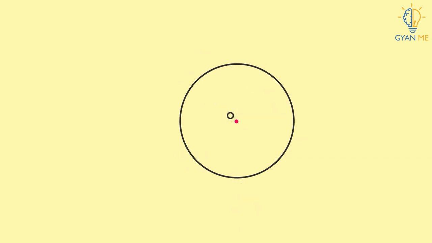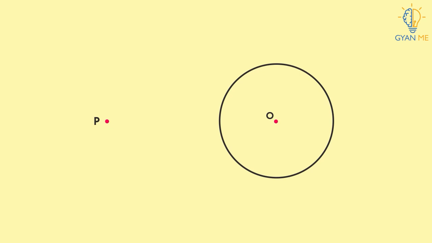Now draw tangents to this circle from point P outside it, say at a distance of 8 cm from its center O. Follow the same procedure. Let's quickly revise it. Join PO and draw a perpendicular bisector to it. Let M be the point where the bisector intersects PO. Therefore, M is the midpoint of PO.